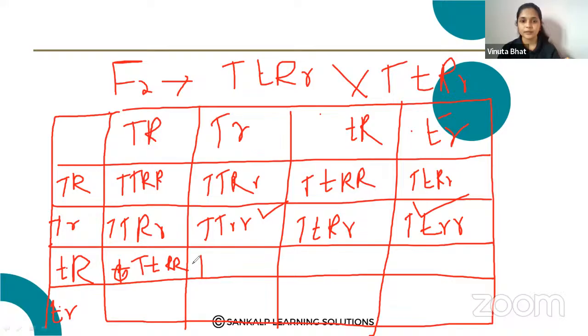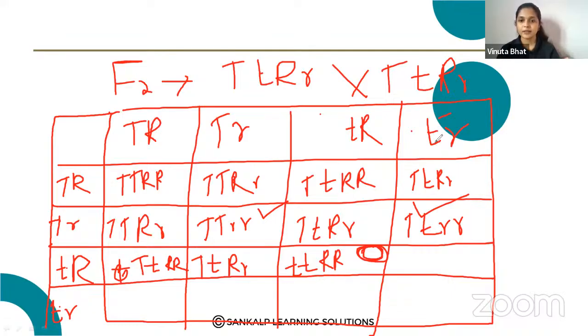Next one, capital T, small t, capital R, small r. So this is also a red color flower producing tall plant. Next one, small t, small t, capital R, capital R. This is another type, a red color flower producing dwarf plant.